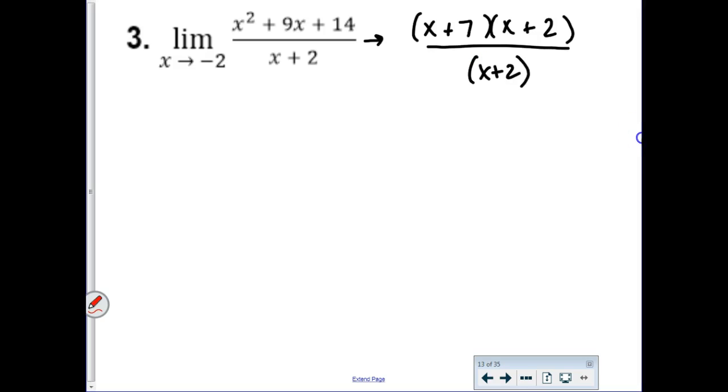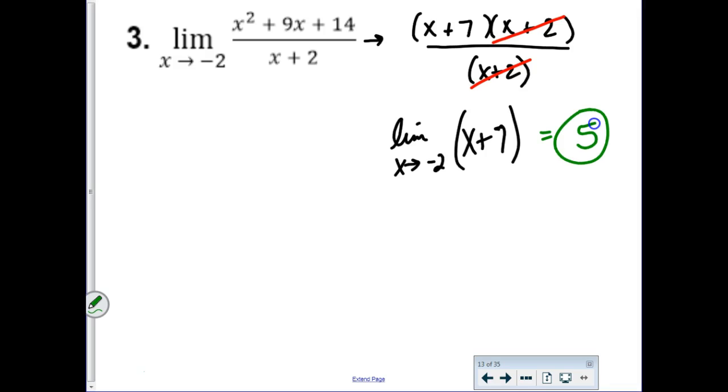So do you see the removable discontinuity now? Remove it. And now you're left with finding the limit as x approaches -2 of x plus 7. I think we can handle that. -2 plus 7, better known as 5. Yes, totally 5. Sometimes, and sometimes 2 is 5.